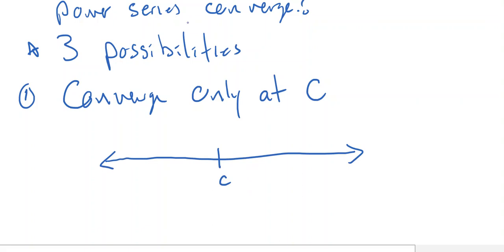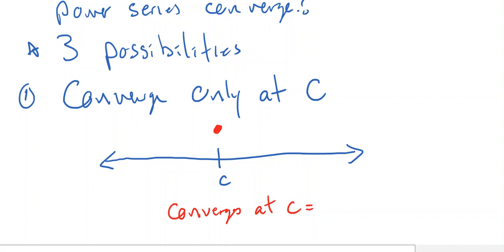Well, if the power series only converges at C, it would converge at one single point, C. And so we would say that it converges at C equals whatever it is.